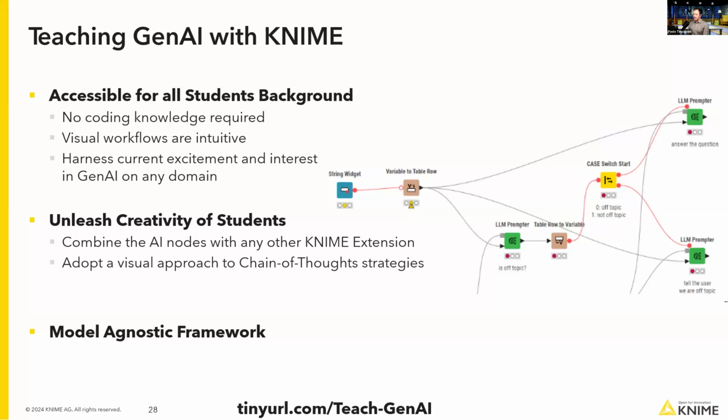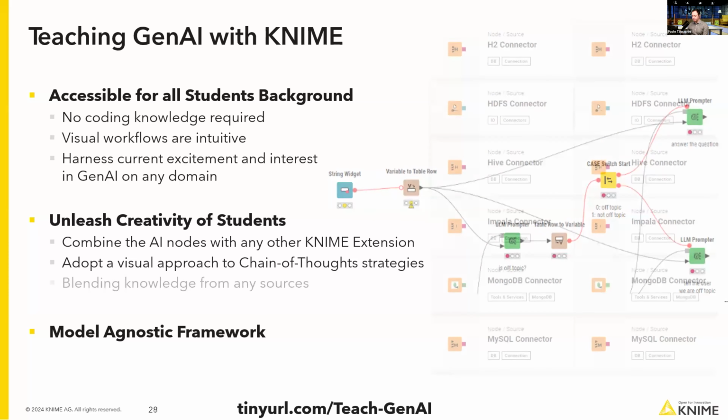We can ask the LLM to decide whether the question is going off topic or not, and then finally ask the LLM whether to answer the question or not, because we maybe don't want the application to answer questions when they're not about the problem that the application should solve, right? So with visual workflows in KNIME, you can really build a super custom solution, and it's something to keep in mind. As you can see, multiple calls to solve a task.